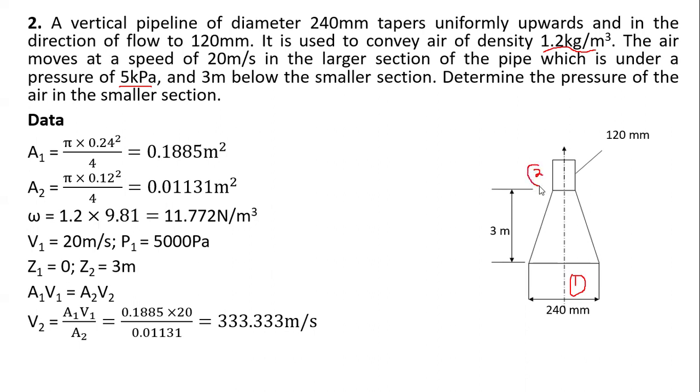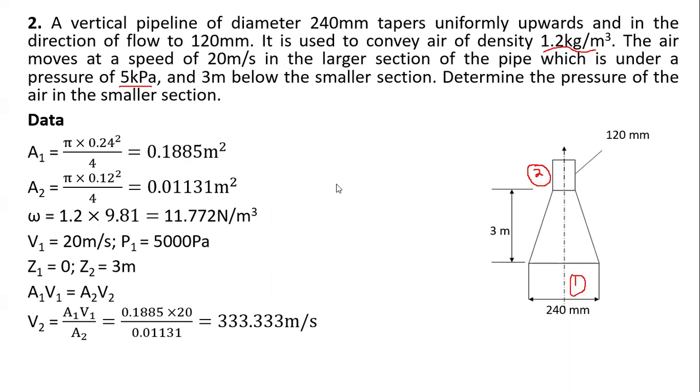The naming of these sections is not something you need to worry about, because they can even be the other way around. The idea is that if you say this is section 1, this is section 2, make sure all the parameters belonging there are taken care of according to the way you've called it. If you call this section A and the other section B, maintain it like that, because when you switch them, you start creating confusion.